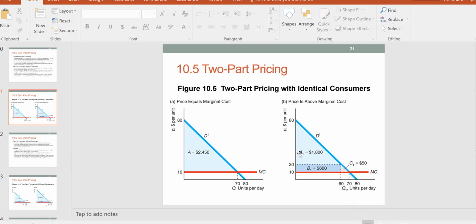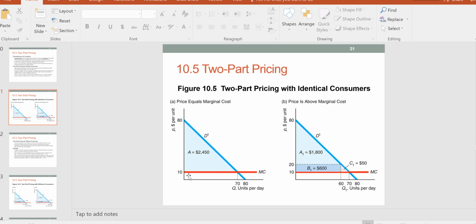One part is the access fee, another part is that once you pay the access fee, you can buy as many units of the good as you want at a constant price. So in this chart, you are charged the access fee, and then the price is constant. In this case, it's equal to the marginal cost.